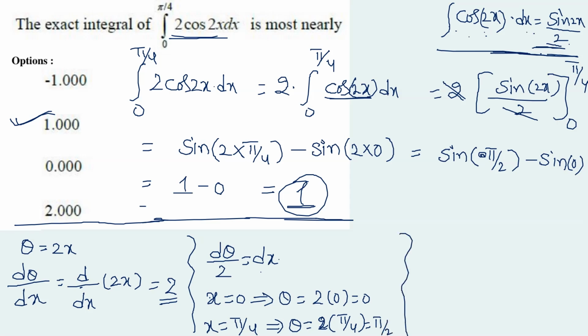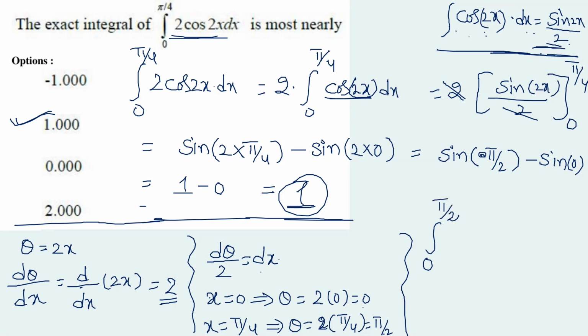Now simply what we can do is substitute these here. The whole integral gets reduced to an integral with limits changed from 0 to pi by 2.